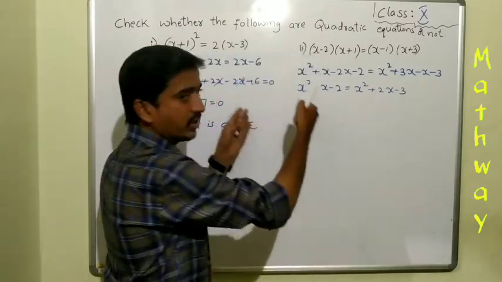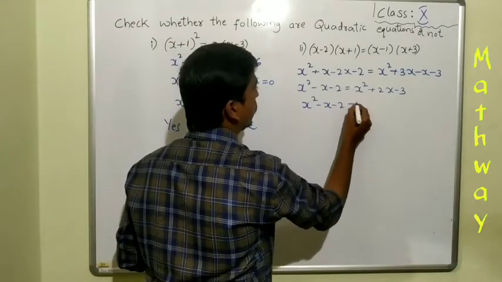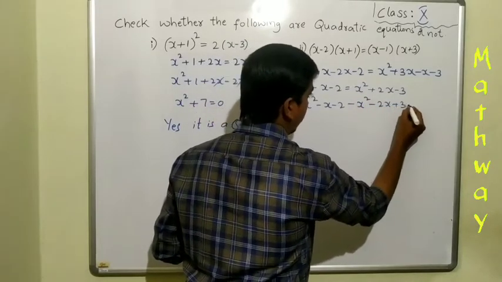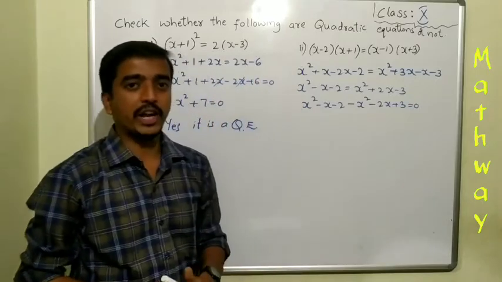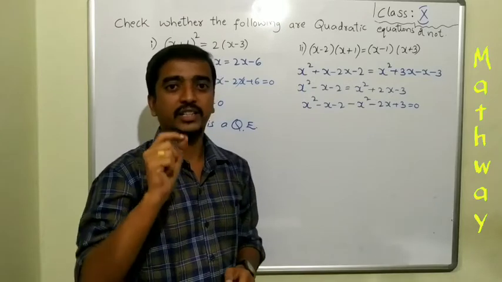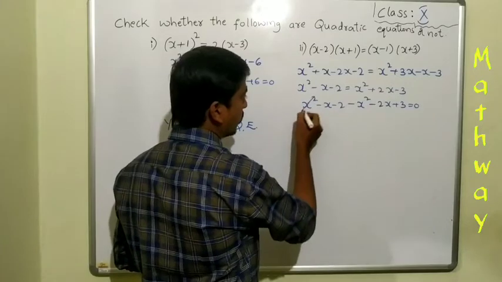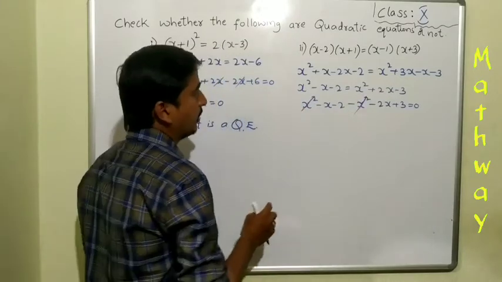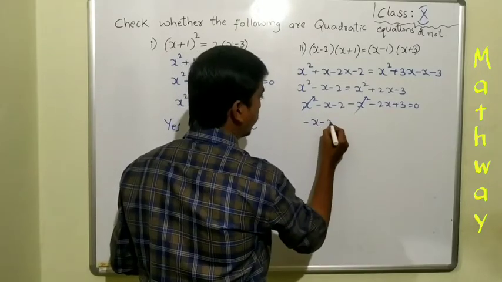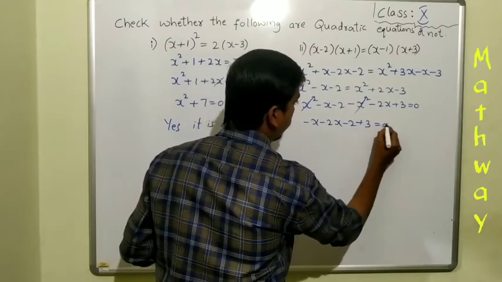Transpose all the RHS terms to the LHS side. Then we get x square minus x minus 2, minus x square minus 2x plus 3 is equal to 0. Whenever we are transposing LHS terms to RHS or RHS terms to LHS, the signs are going to change. Don't forget this. Here x square minus x square will get cancelled. Then we get minus x, and the x term is minus 2x, and the constant term is minus 2 plus 3 equals to 0.